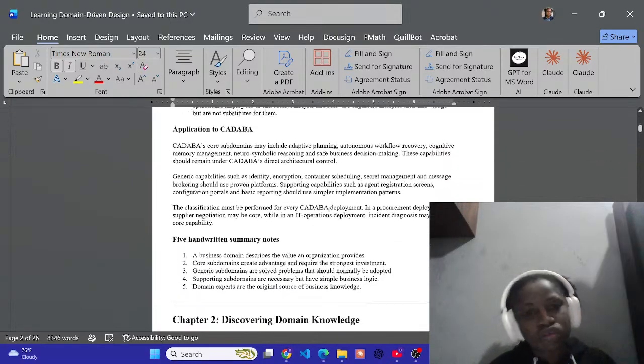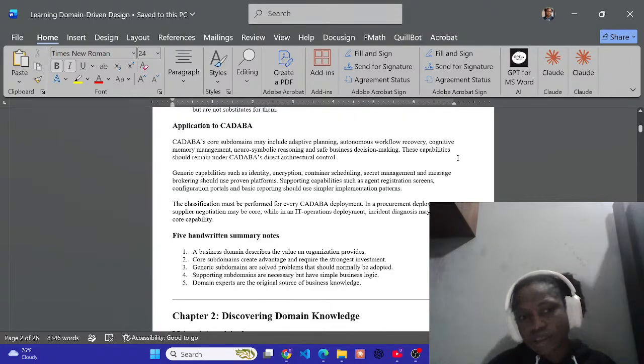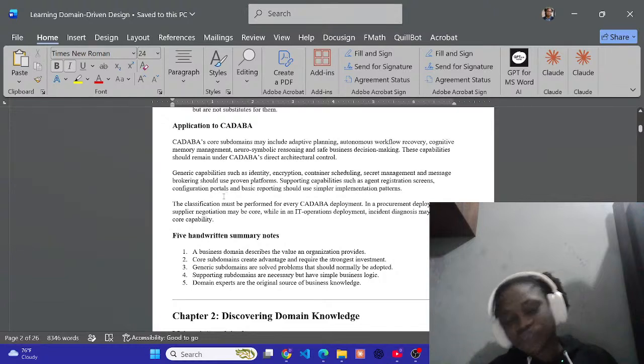Then I will take notes for the book that I'm currently writing. The book I'm writing now is CADABA, which stands for Cognitive Architecture Design for Autonomous Business Agents. It's a fantastic book.